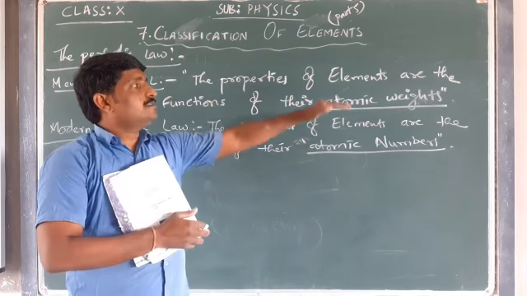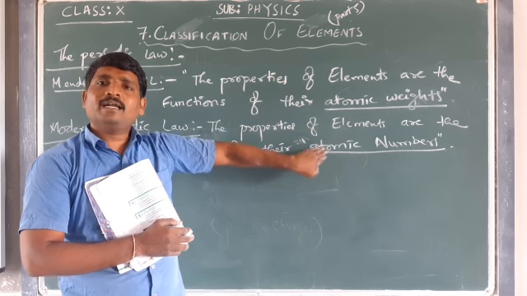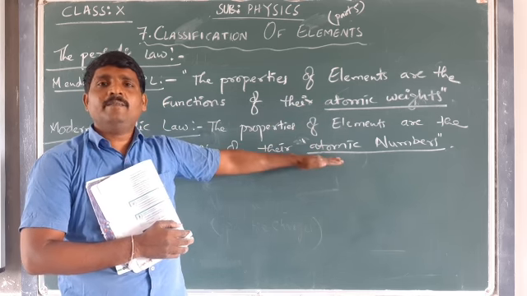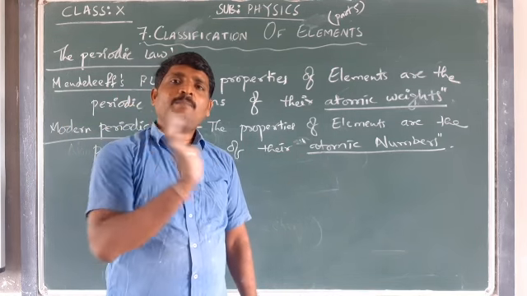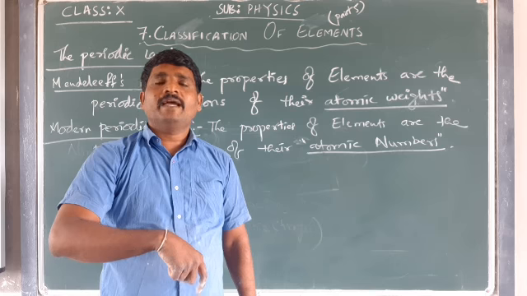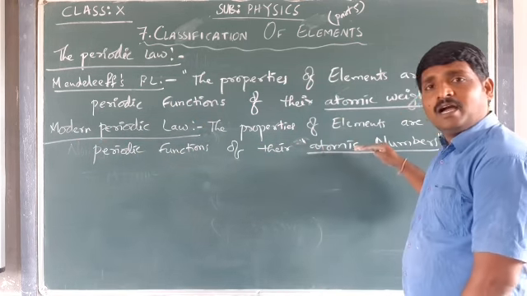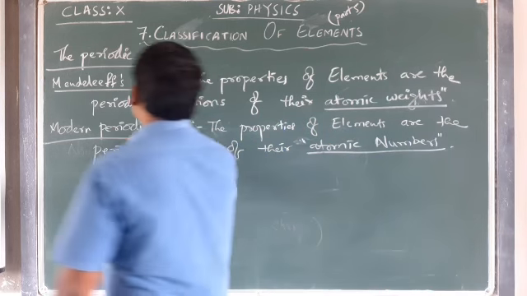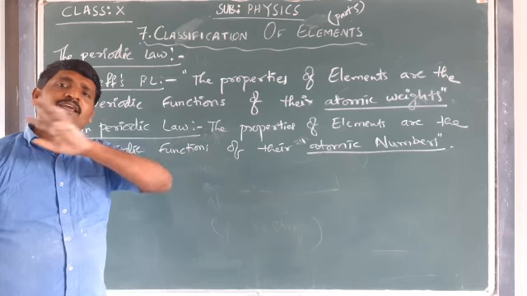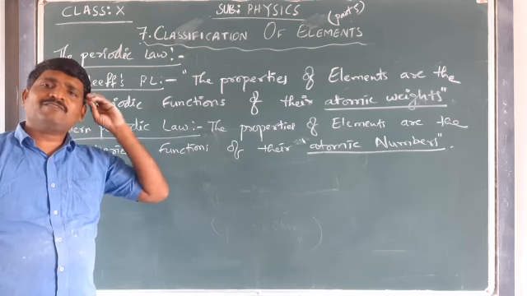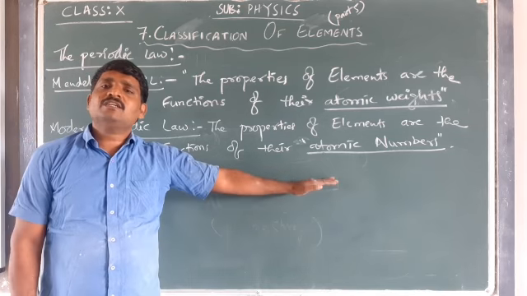That is, the atomic weights concept has been changed to atomic numbers to arrange the elements. Instead of arranging the elements with the help of the atomic weights of those elements, the periodic law has been changed to atomic numbers. Moseley was concerned about arranging the elements based on the atomic numbers. He is nowhere concerned about the atomic weights. He was focusing on the atomic numbers of the elements to arrange them in increasing order.